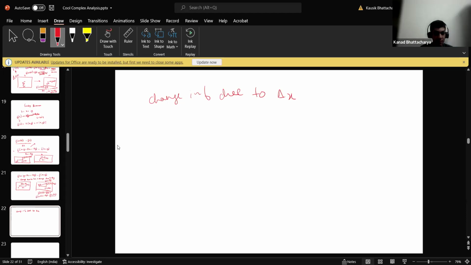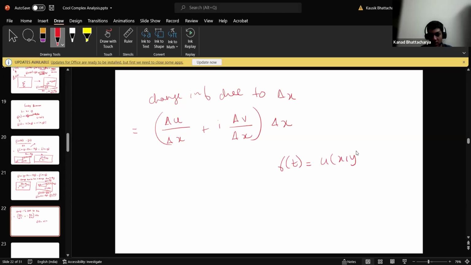So if we decompose f into its components u and iv, we can think of it as delta u by delta x plus i delta v by delta x, times delta x, where, if you've forgotten what u and v are, I'm defining f of z as u of x comma y plus i times v of x comma y. So I'm just decomposing the function.